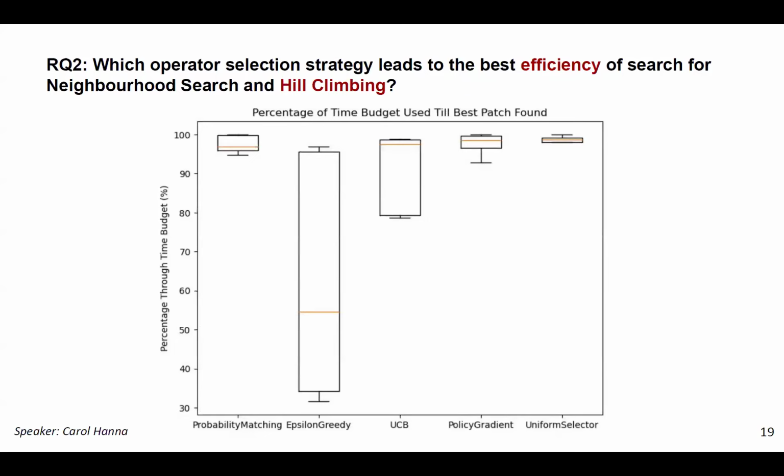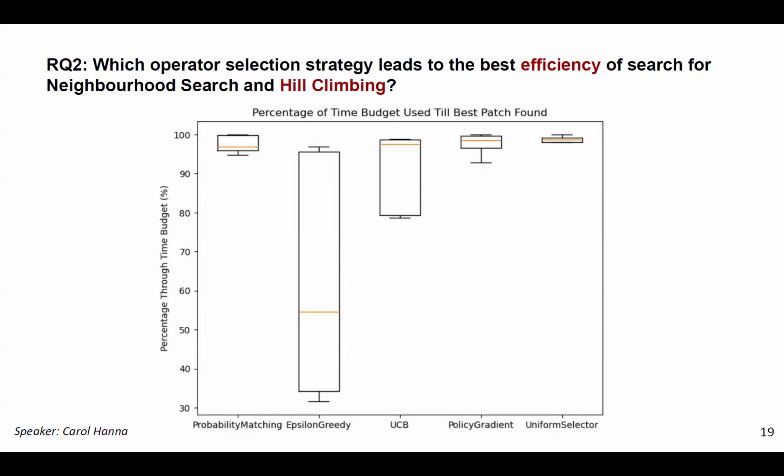And then finally, looking at the efficiency of hill climbing, this is probably hinting that the time budget that we should have given it for hill climbing should have been longer, because we can see that the median of finding the best patch is very close to 100% of the time budget.